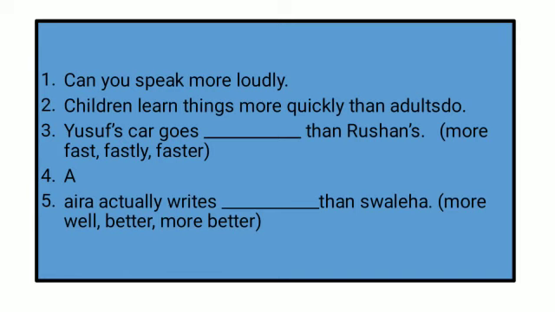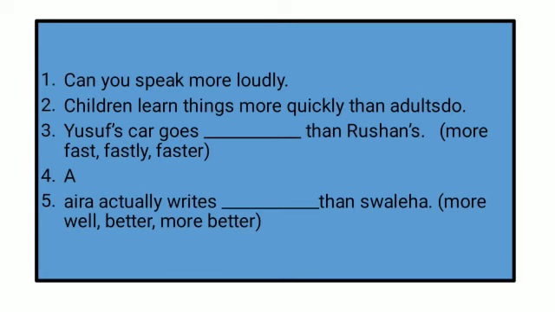So comparative. Children learn things more quickly than adults do. Now here the word "quickly" is an adverb. "More" has been added to this word to make its comparative degree. Isn't it? More quickly.